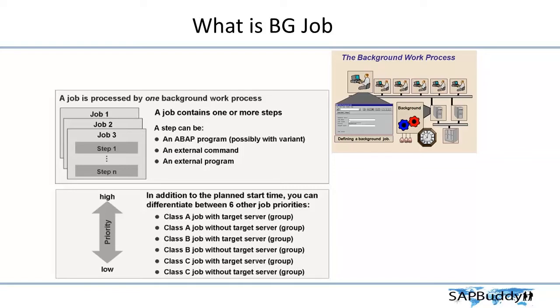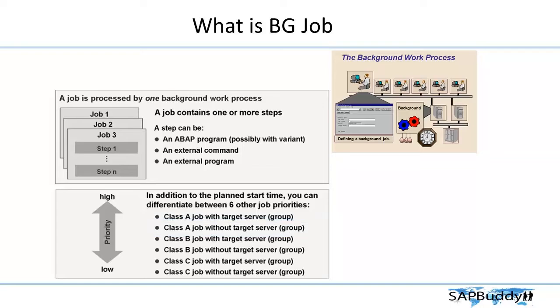Let's say you have different application servers, and you have some application which is server specific. The linked program for that application needs to be run on one specific server. It cannot support different SAP servers. Whatever the reason, if you specify that a particular job needs to be run on a specific target server, then the priority goes to that.